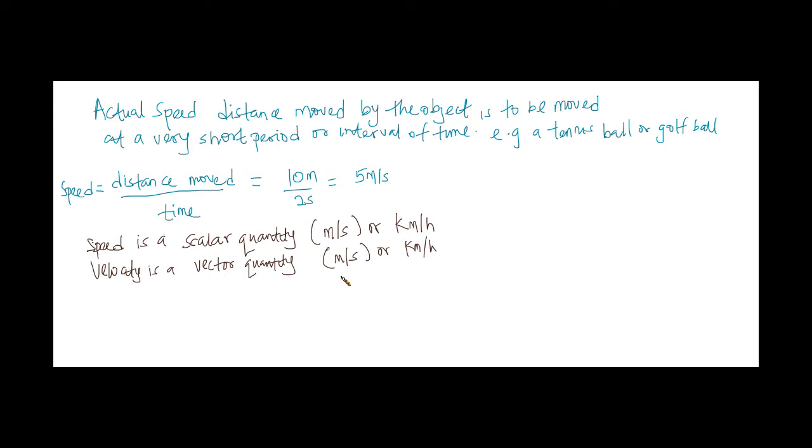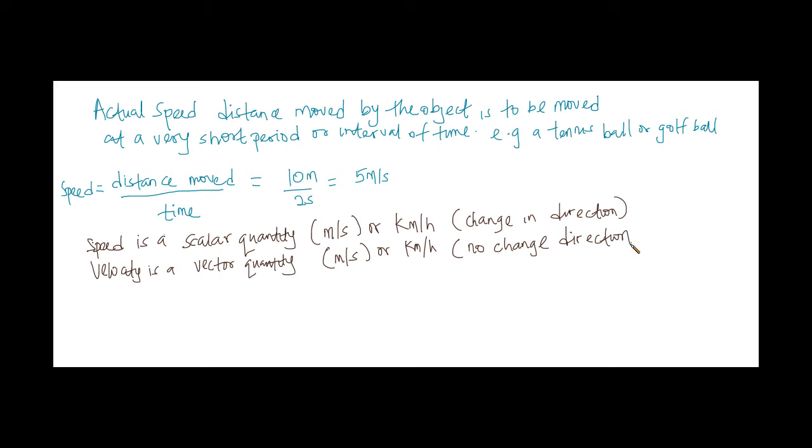You can check that in my scalars and vectors video. So speed is also used when a moving object changes its direction. But when there's no change in direction, if the car is moving in a specific direction, then we're going to have velocity, not speed of the car.